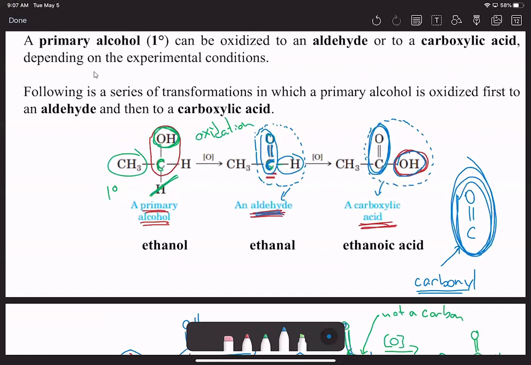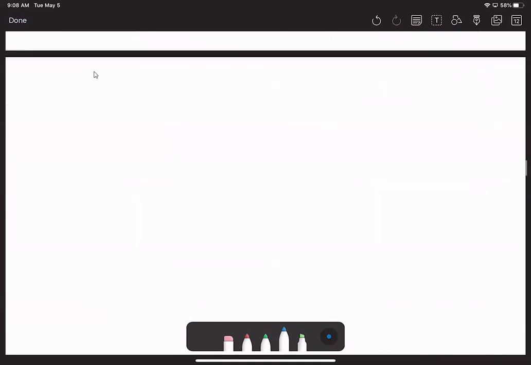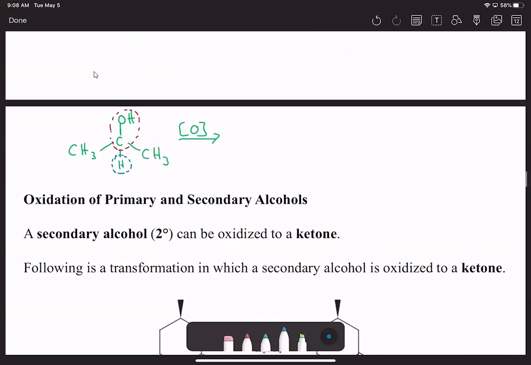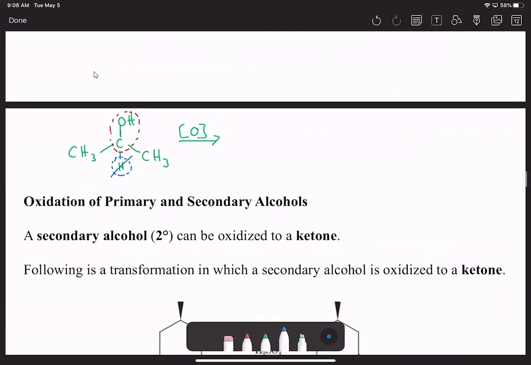Just as we saw in our primary alcohols, remove a hydrogen, form a double bond. We're going to remove this hydrogen, and we're going to form our carbonyl here, our double bonded oxygen.